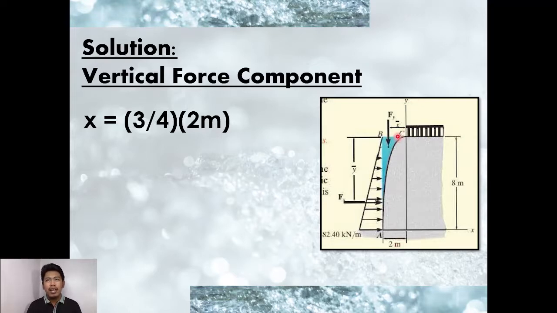For a spandrel, the location of the x component with respect to this point, taken as 0, is 3/4 multiplied by the base, or depending on what you call this, h or b. But it is 3/4 multiplied by the base, which is 2 meters. So our x value will be 1.5 meters from this location.